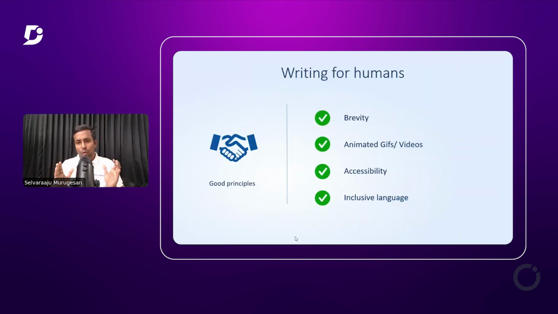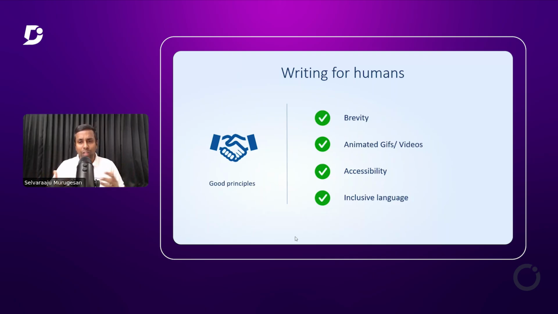So from a technical writer's perspective, you have to understand the characteristics of two worlds: writing for humans and writing for AI. Writing for humans involves understanding their characteristics. Humans have a shorter attention span, so brevity is key. We always wrote short sentences and were very precise about what we wanted to tell. And humans, instead of reading textual information, love multimedia artifacts.